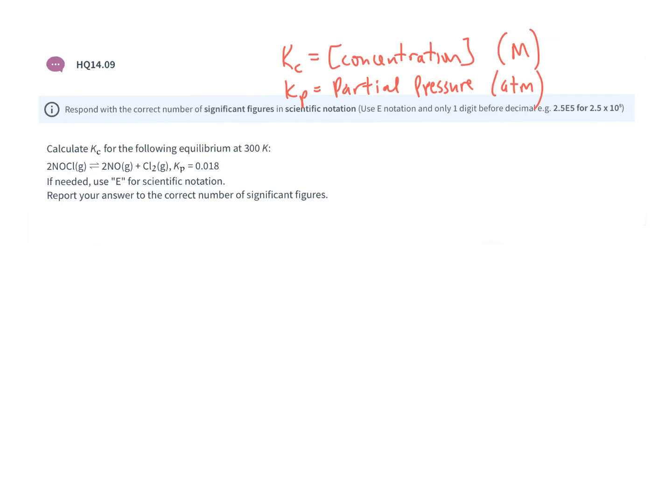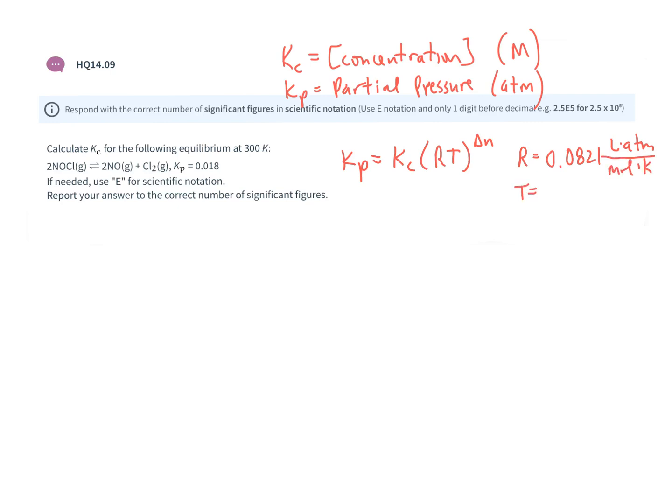The equation to convert between those two is Kp equals Kc (RT)^Δn, where R is the universal gas constant, 0.0821 liter atm per mole Kelvin from chapter 10.